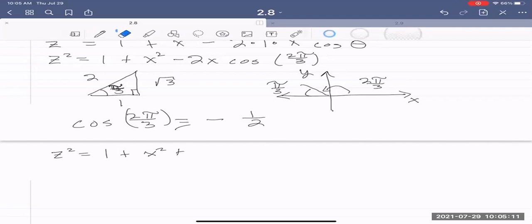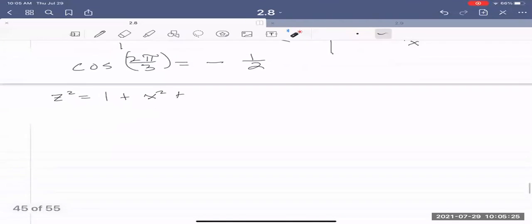Okay. So let's plug in a negative 1/2 here. So if I plug in negative 1/2, that cancels this. So I just get a plus x.